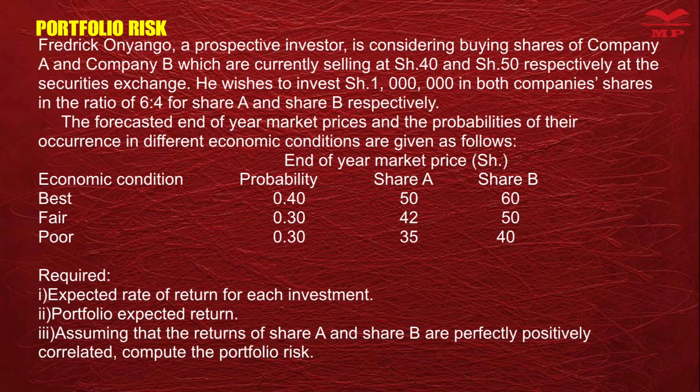So during the best economic condition, probability 0.4, fair 0.3, poor 0.3. Then we have the end of year market prices 50, 42, 35 for share A, respectively, and 60 shillings, 50 shillings, and 40 shillings for share B, respectively.